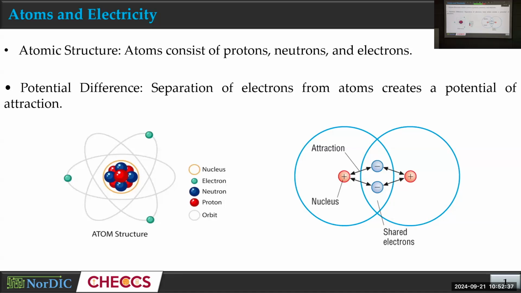This traveling of electrons is what we know as electricity or current. I'm just trying to give you an idea of that. As I've already discussed, different types of charges attract, and similar charges, positive with positive or negative with negative, repel each other.